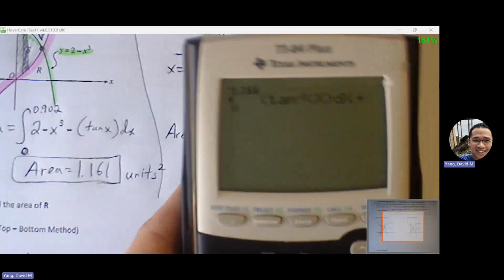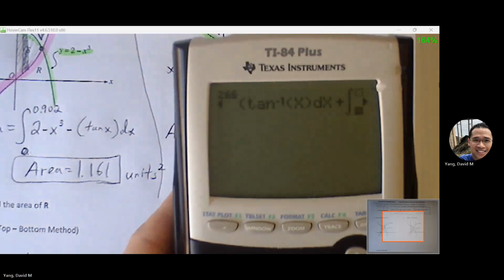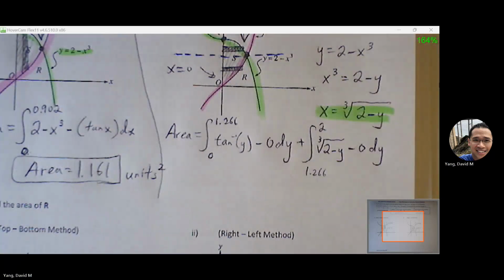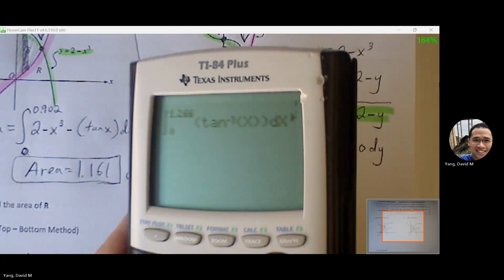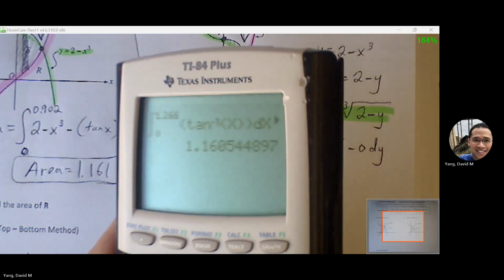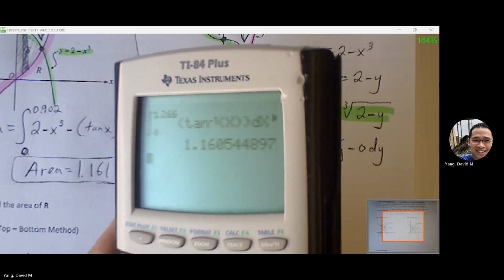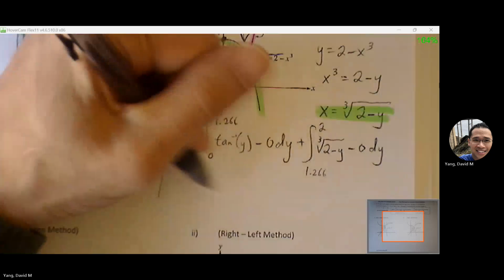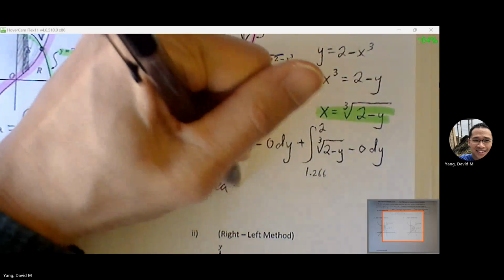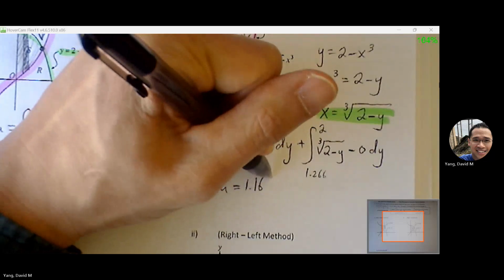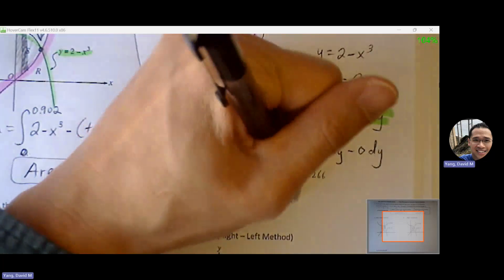Math 4 will get you that cube root. I should get the same answer.